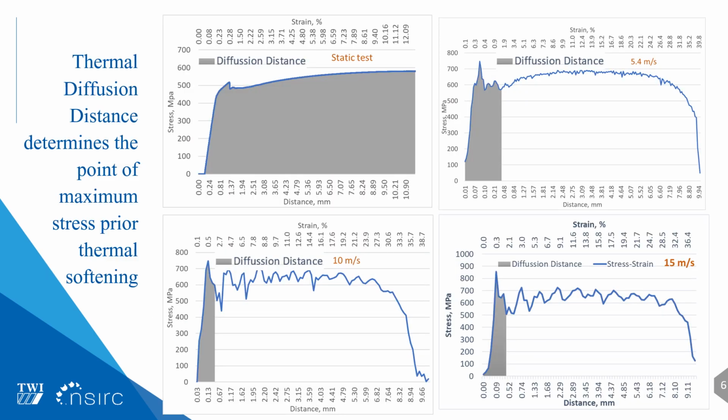Because this thermal diffusion distance is recorded over a short interval, the high strain rate will be considered an adiabatic process. We can see on this slide 4 different strain rates which are applied, and the static one here has a thermal diffusion distance up to 200, and it continues all through the experiment such that the ultimate tensile strength is obtained later during the experiment.